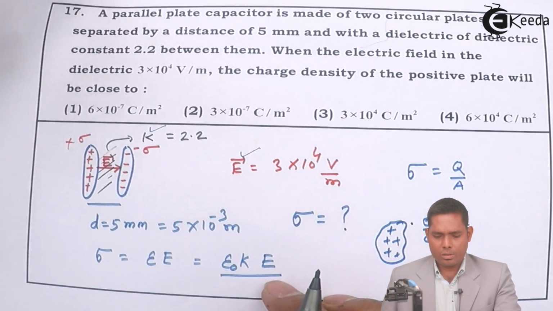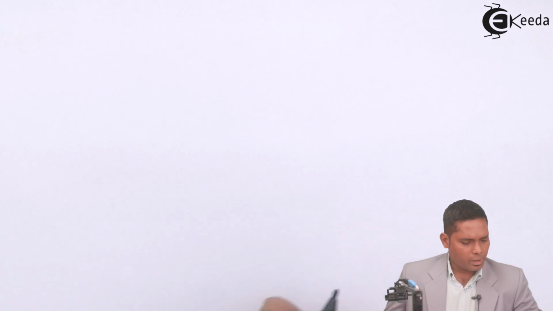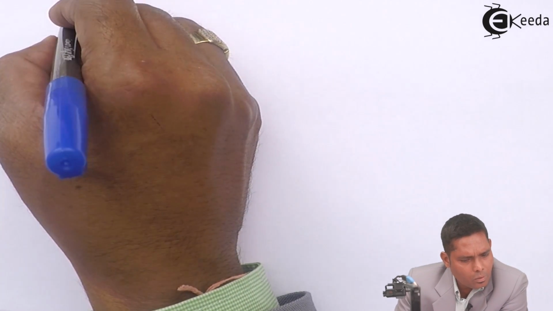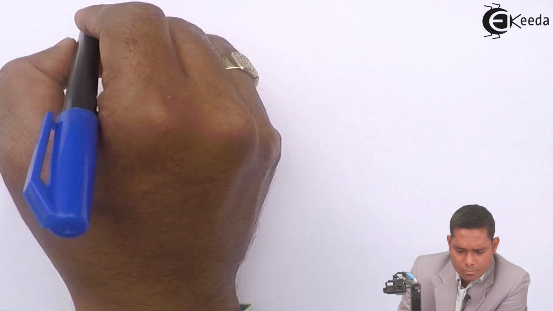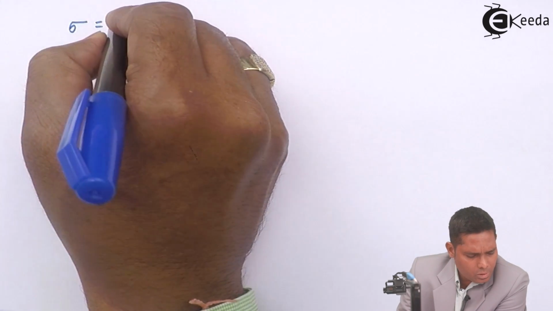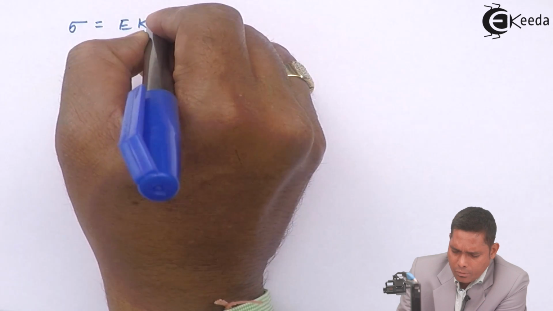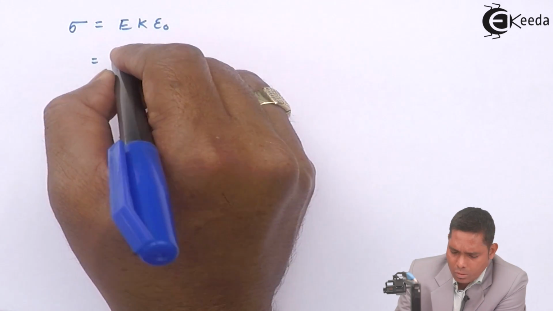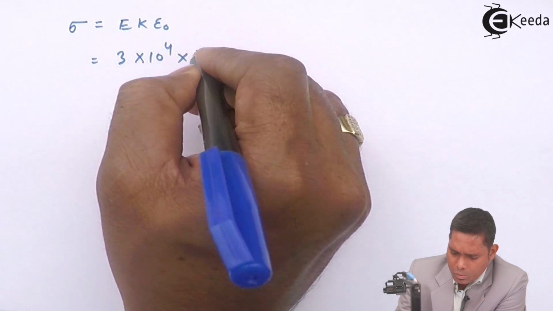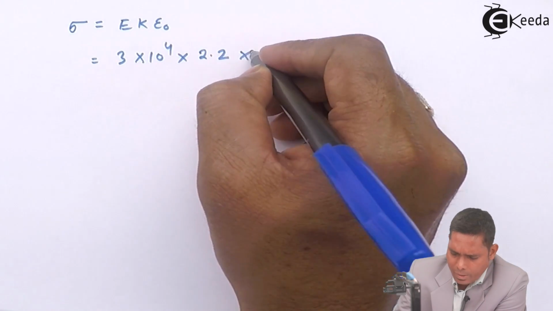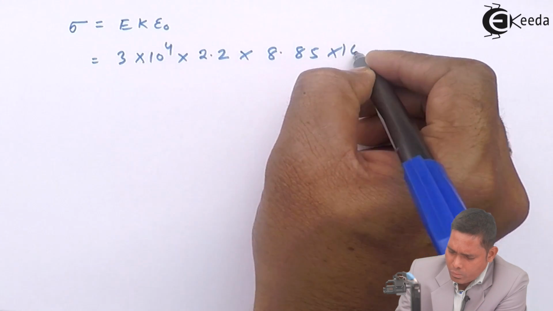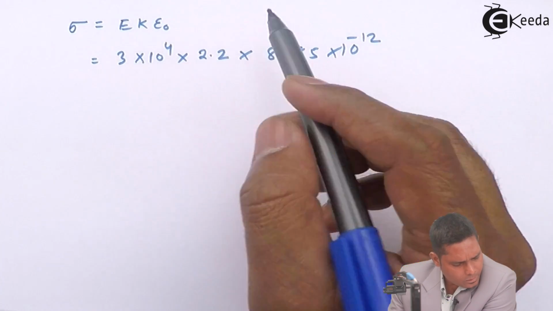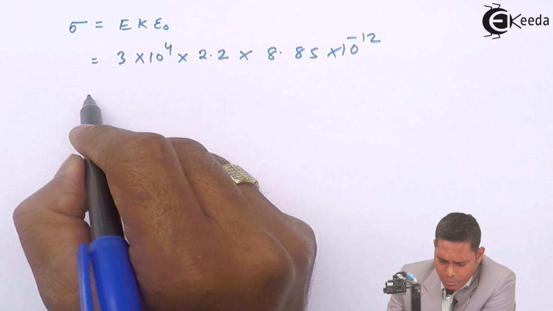Let us put the values in. The equation is sigma equals E K epsilon naught. E is 3×10⁴, K is 2.2, and epsilon naught is 8.85×10⁻¹². Substituting those values, how much are we getting?